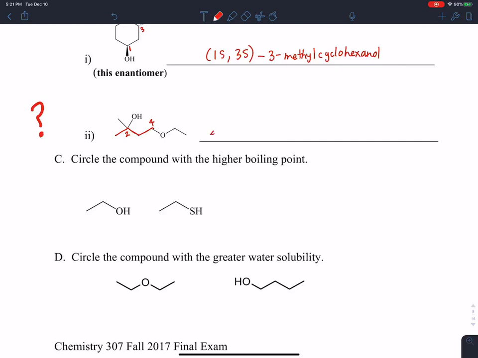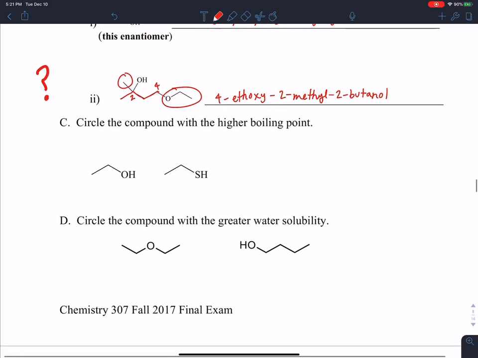So you go 4-ethoxy, 2-methyl, and then you can do 2-butanol, or you can do butan-2-ol, whatever. So we'll just do 2-butanol like that. I don't know how crazy they're going to be about this, so that's why I put a little question mark next to it.